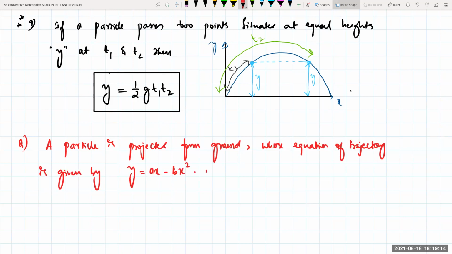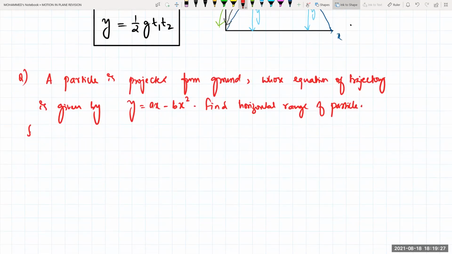Find the horizontal range of the particle. Is that clear?